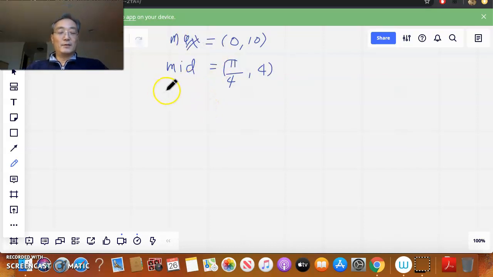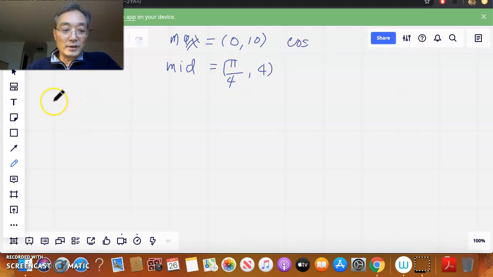Now, this function is 0, 10. That's on the y-axis, so it starts at the max, therefore we know that it's got to be cosine. Since it starts at the max and then goes down to the midline, we know it's positive cosine.